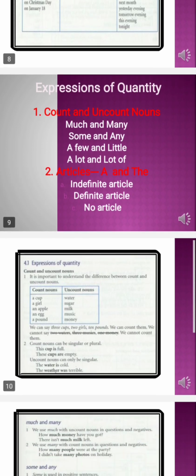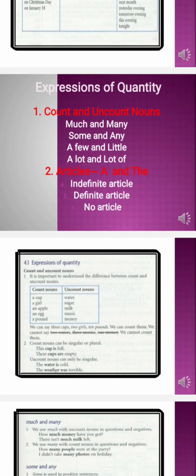In the second part, I'm going to explain about expressions of quantity, which contain, number 1, count and uncount nouns, much and many, some and any, a few and little, a lot and lots of.